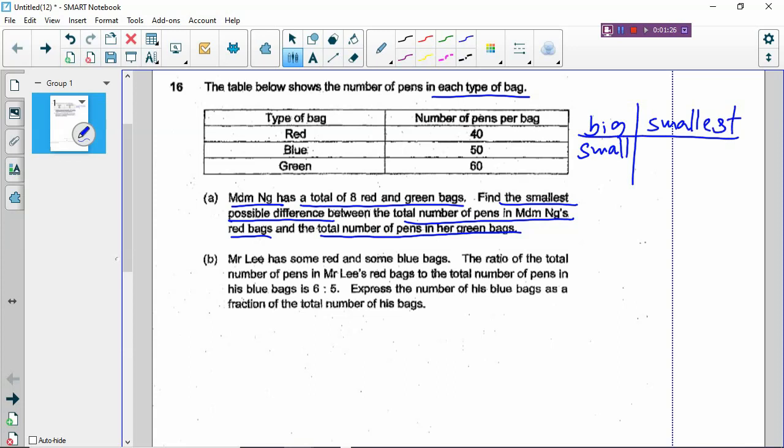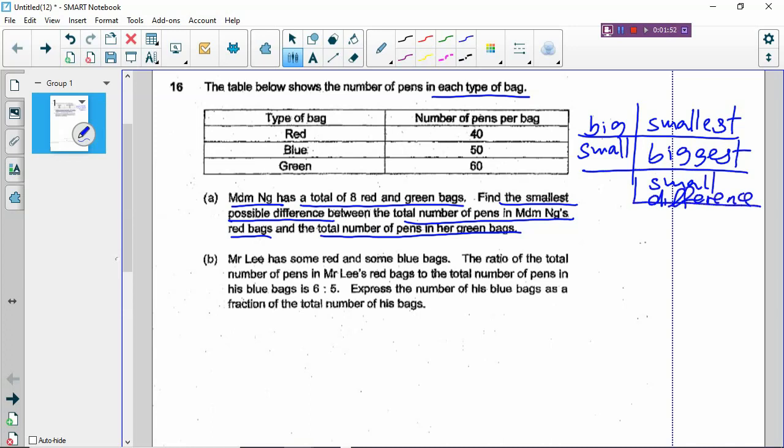And the second number, which is smaller than the big number, has to be as big as possible. Then when you subtract, you will get the smallest possible difference.